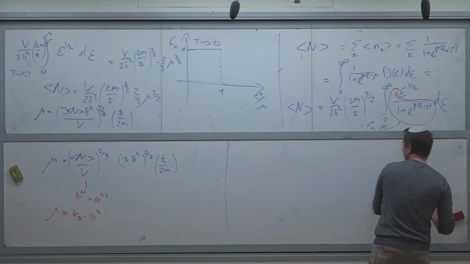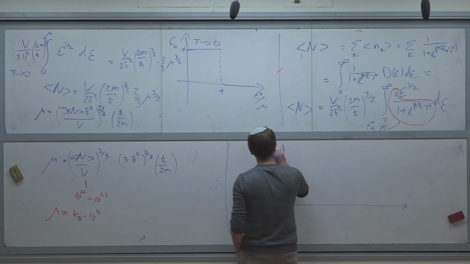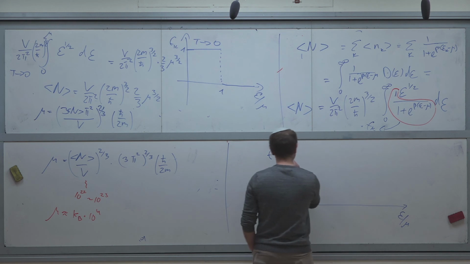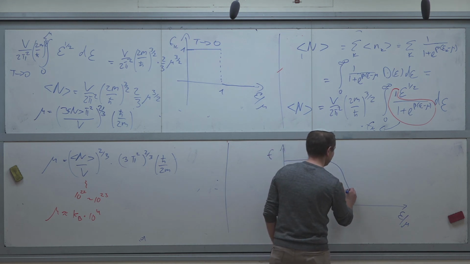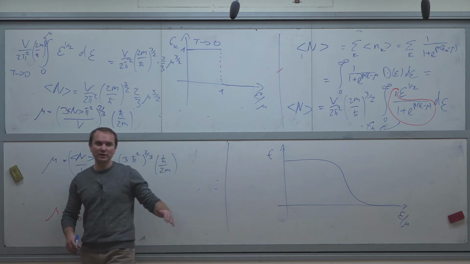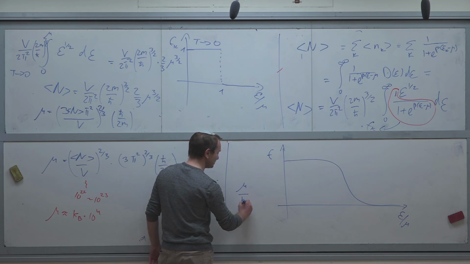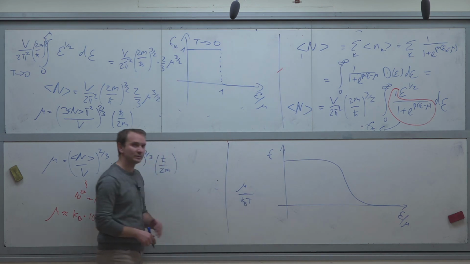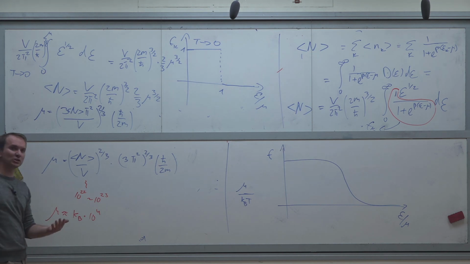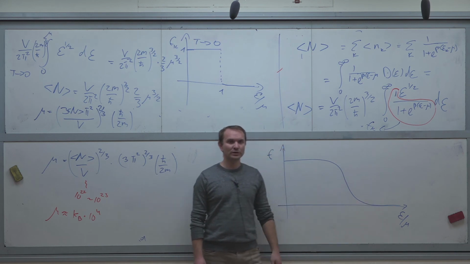The occupation probability F, as a function of epsilon divided by μ, looked something like this. How smooth the function is depended on μ divided by k Boltzmann T. The larger this fraction was, the sharper this transition was too.